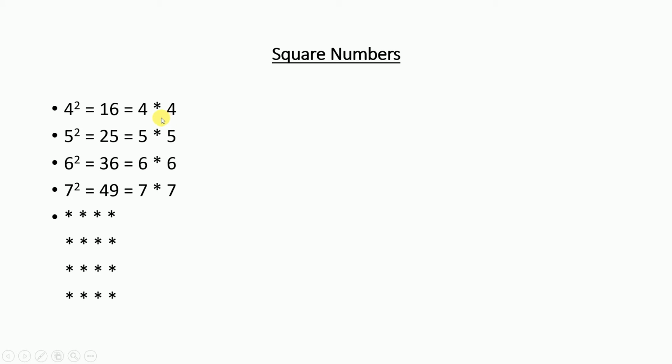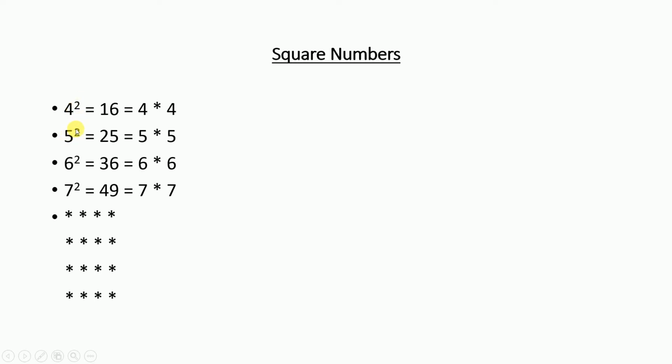We have square numbers. A square number is formed by multiplying a number with itself. Here 16 is a square number and it is formed by multiplying 4 with itself. And this 4 into 4 is also represented as 4 to the power of 2, 4 raised to 2.